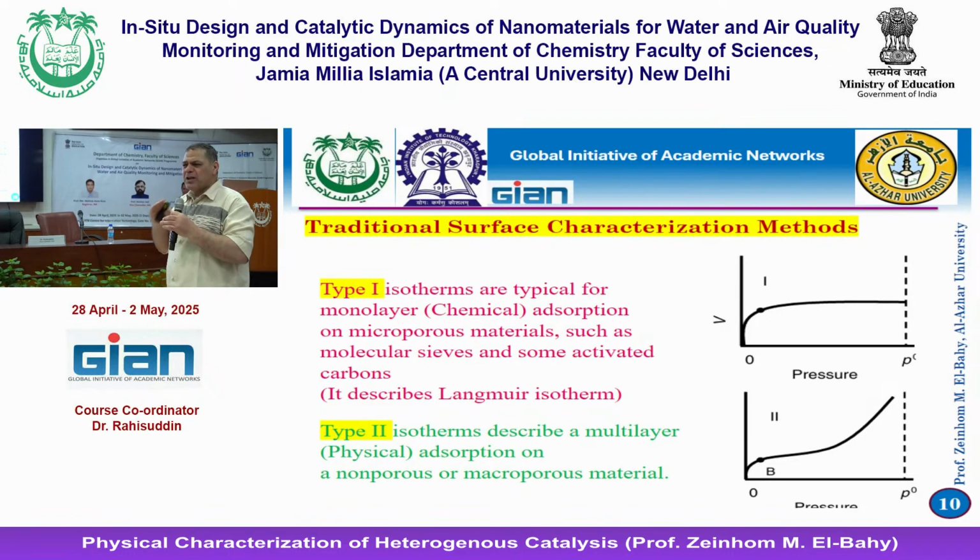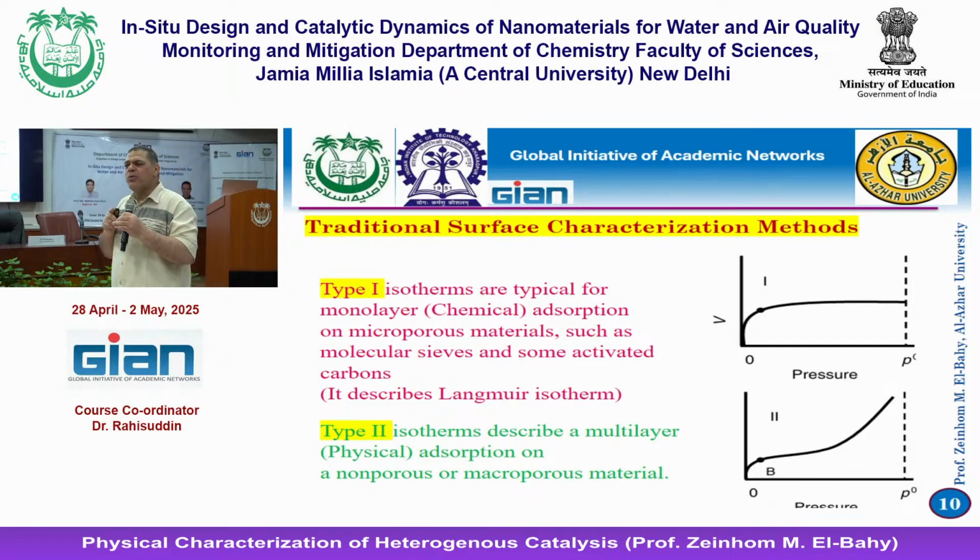If the amount of nitrogen adsorbed increases after the monolayer, this means we either still have chemical adsorption, or we change to physical adsorption. Condensation of the gas will happen, and the adsorbed amount will increase like this.